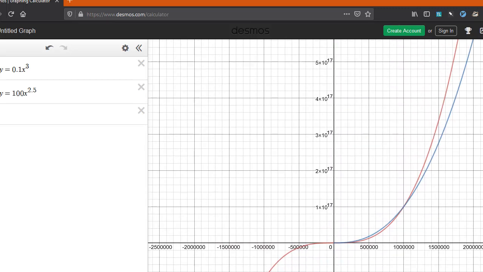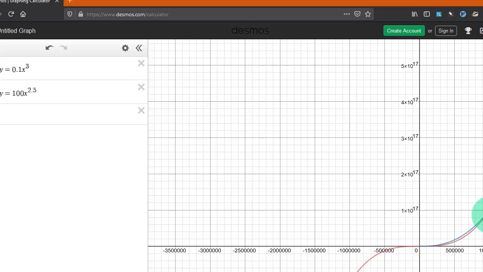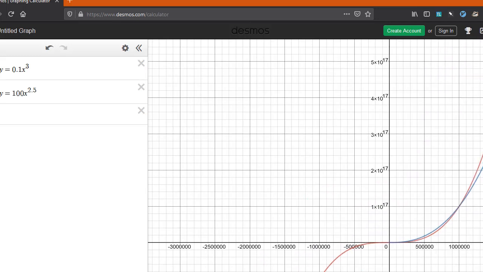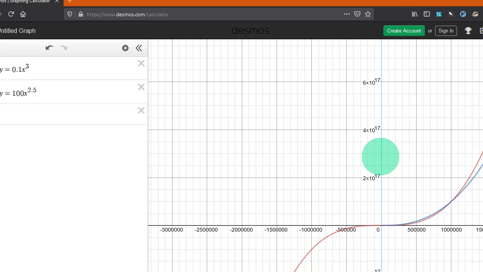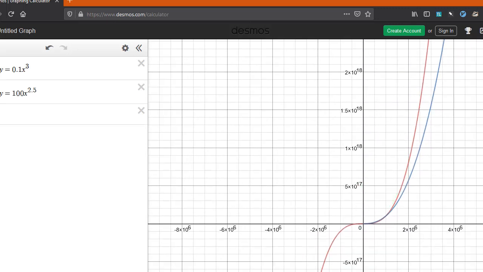Oh, look, on this scale, it looks like it's getting closer. Oh, wait, what's happening here? Around this point, it looks like they intersect when x is 1 million. So if you plug in x equals 1 million into this, then the x to the power 3 starts getting bigger, and the 0.1 in front doesn't matter as much.